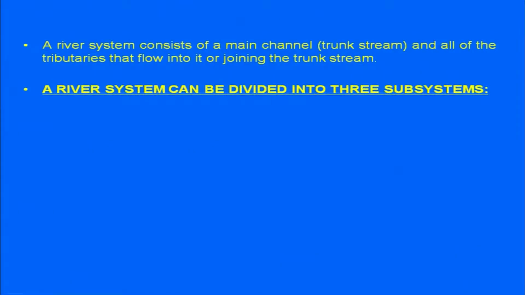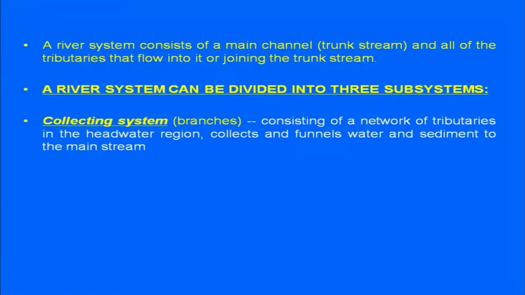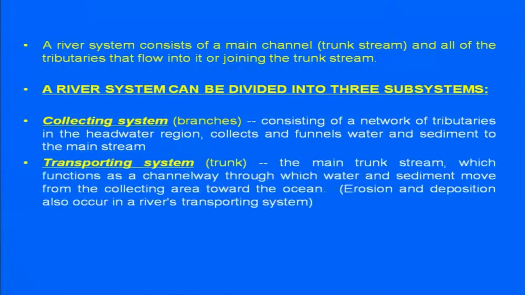A river system can be divided into three subsystems. One is your collecting system, the branches, and mainly this collecting system is seen in the headward region. It consists of a network of tributaries which collect and funnel water and sediments to the main stream, or we can say the trunk stream.